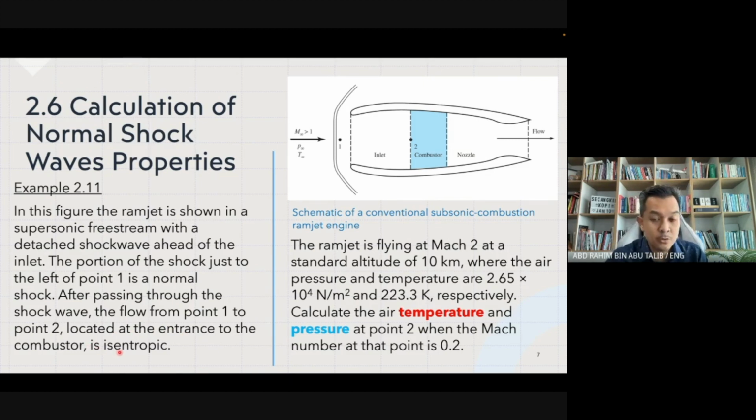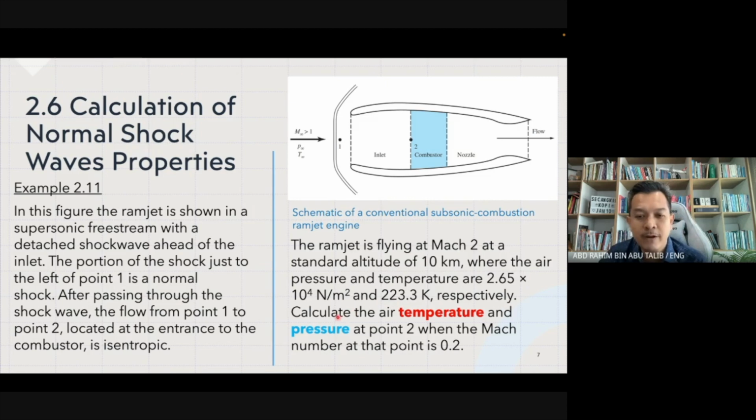The ramjet is flying at a free stream Mach number of 2, at an altitude of 10 kilometers, where the air pressure is 2.65 times 10 to the power of 4 Newton per square meter and the temperature is 223.3 Kelvin.